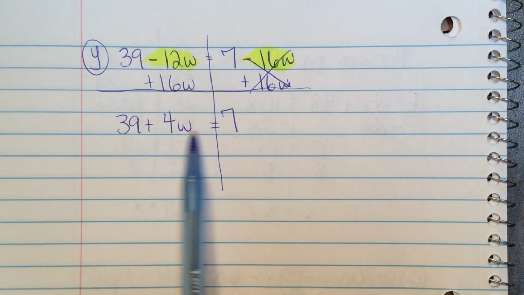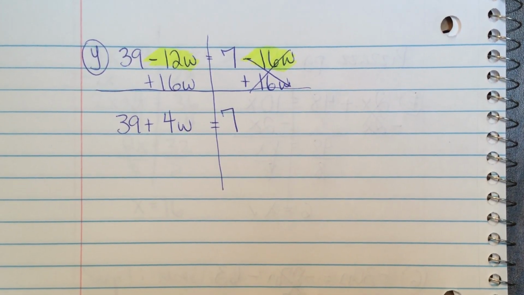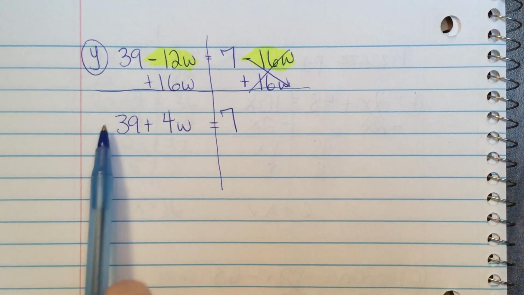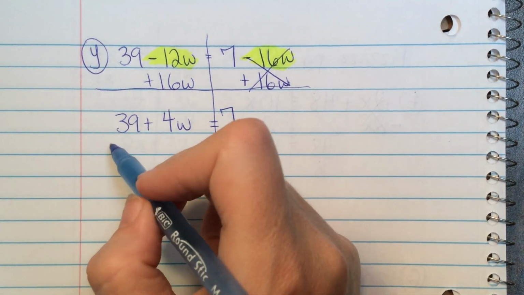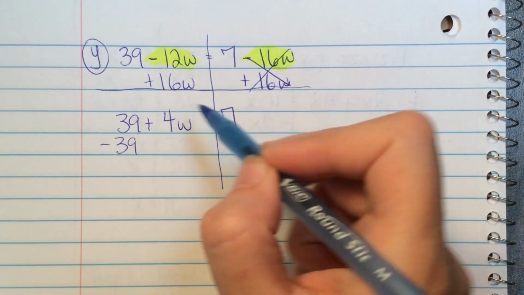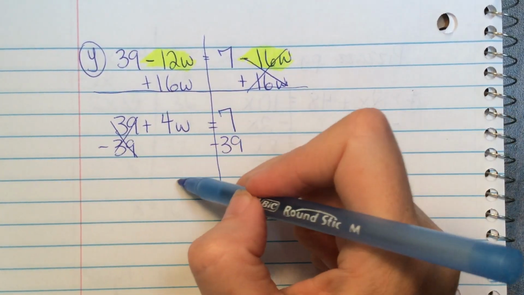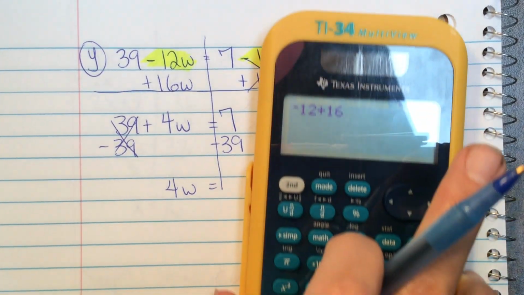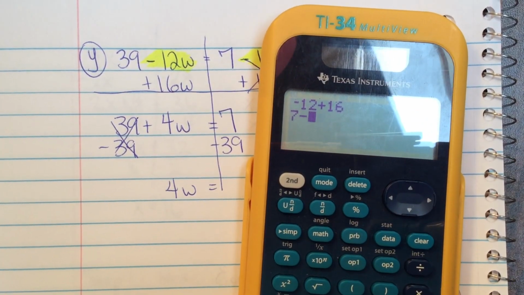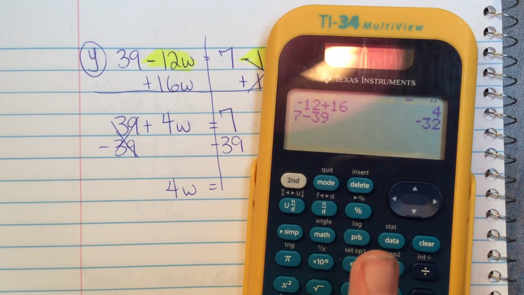Now, this is just a two-step equation that we can solve. So I need to get rid of my 39. So I need to subtract 39 from both sides. I'm going to get 4W. So if I take 7 minus 39, I get negative 32.